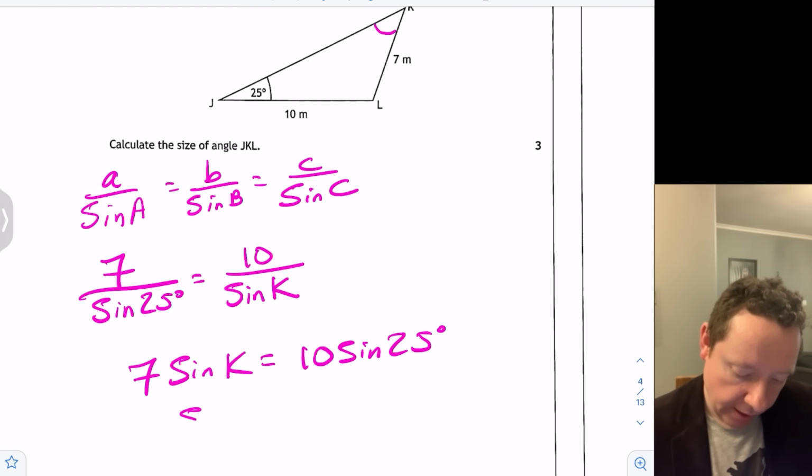So that means sine K is 10 sine 25 over 7.